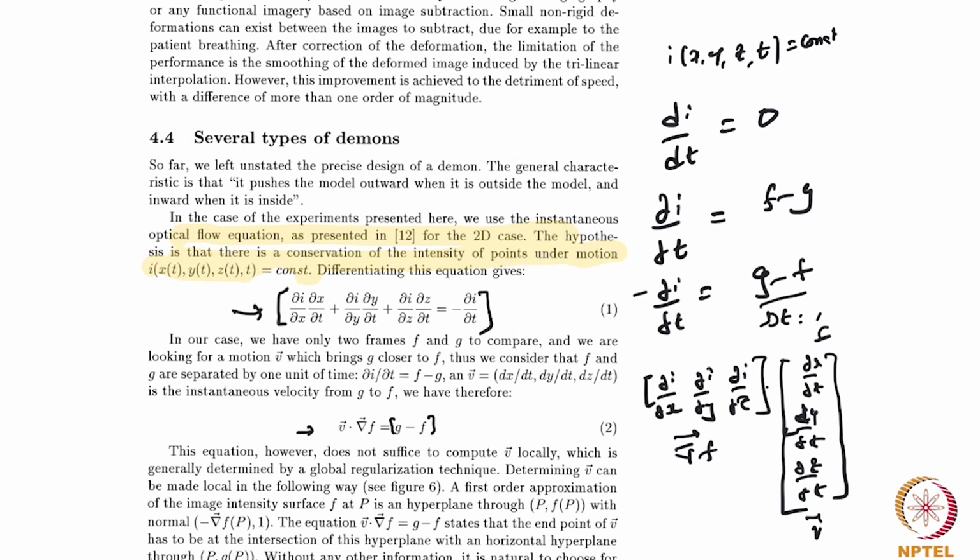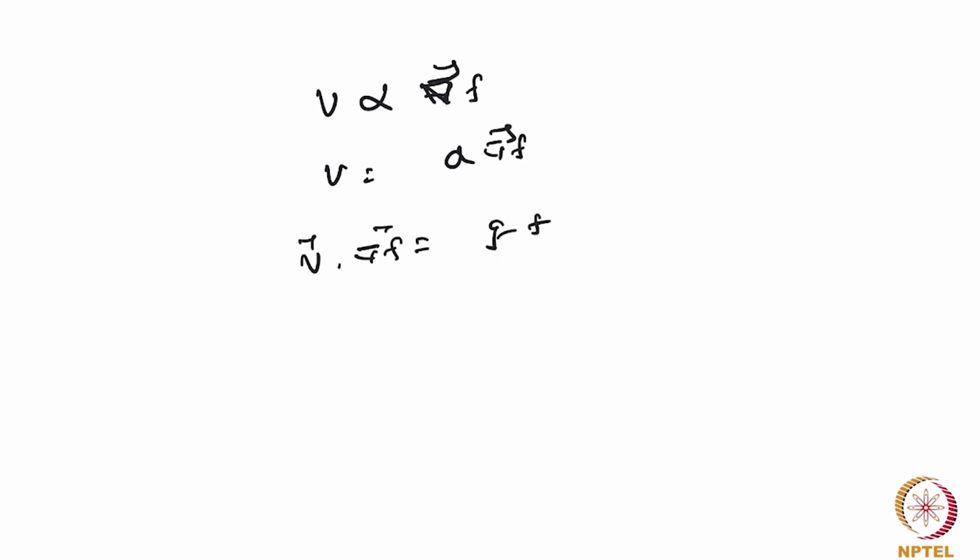So in this paper, the author chose a regularization, if you can call it that, or a constraint, I should say, on V. The author said that V is proportional to the gradient of F. So the way I understand it, at least, is that V is equal to some alpha times the gradient of F. Now if you assume this, then you can plug it back into the equation we saw, V dot gradient of F equal to G minus F. If you substitute alpha gradient of F for V, then you get alpha to be equal to G minus F divided by gradient of F squared.